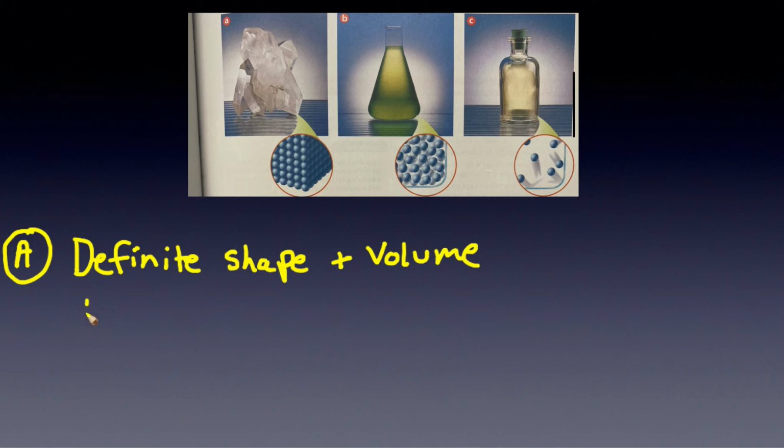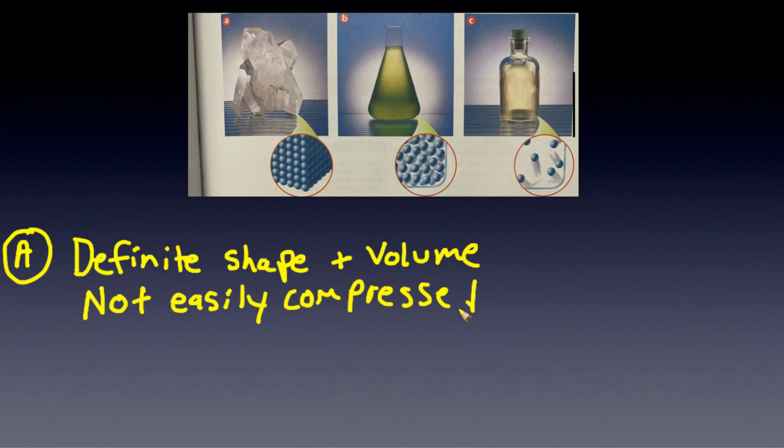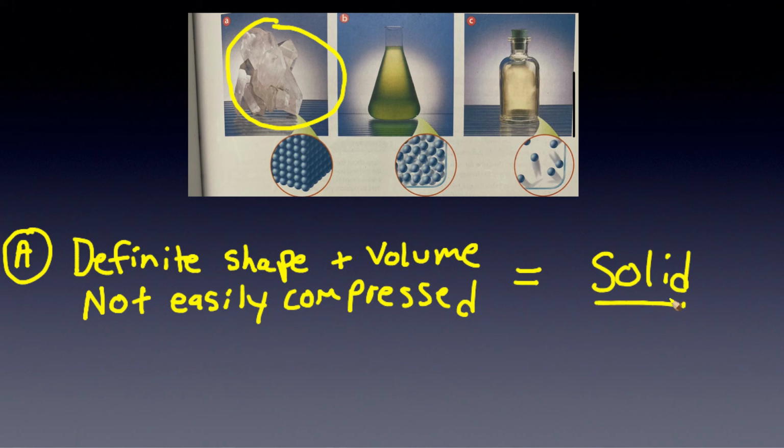This state of matter is not easily compressed. So if I look at this structure, it looks like a glacier, a big piece of ice, and that'd be really hard to compress. So since I know that, I can determine that this is a solid. So part A is a solid.